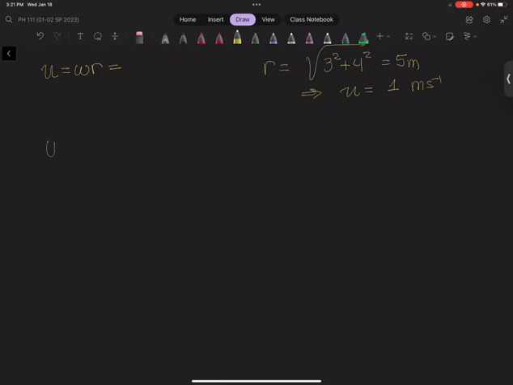The uniform, where U is constant in terms of magnitude, right? Because the direction changes. Eventually, it's a circle. Yes. And non-uniform, where U is not constant.